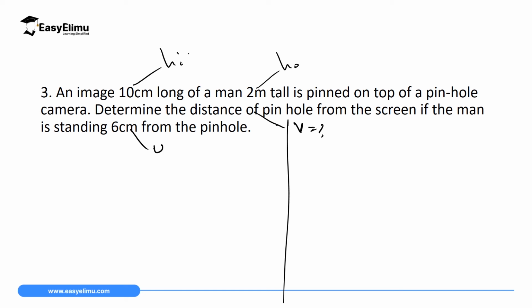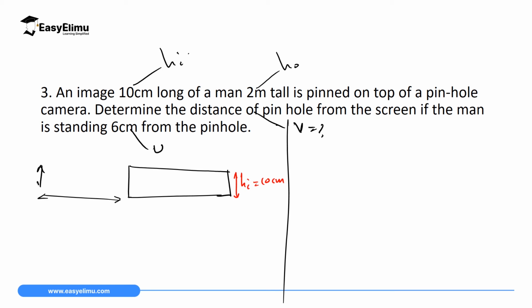So the first thing you do, you sketch the diagram for this pinhole camera. Then here, if you have the pinhole camera like that, we have been told the image is 10 centimeter. So the image here, which is HI, is equals to 10 centimeter. Then the man is 2 meter tall, it means that is the object height.